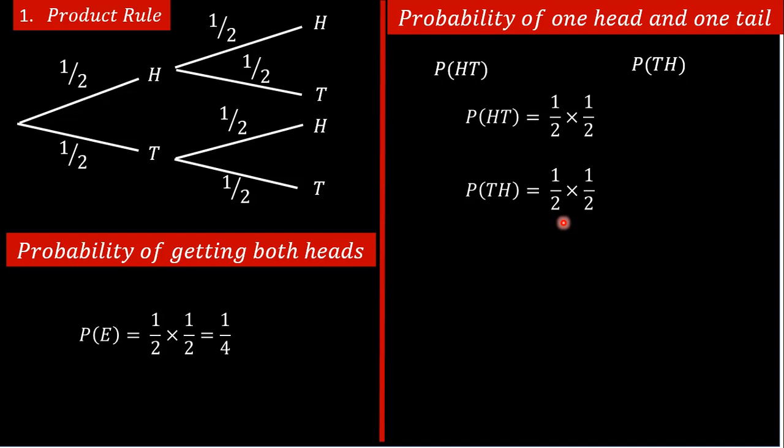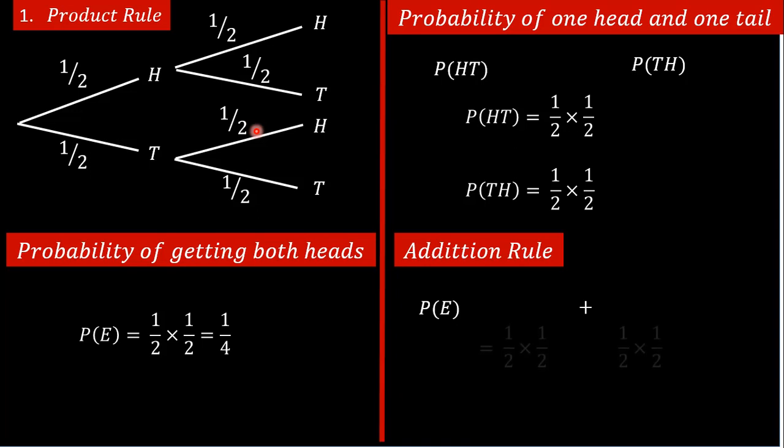However, students, for fulfilling the condition of getting a head and a tail, you have to apply the addition rule. And what is that? If two different branches are satisfying the condition, then you have to add the probabilities of both. That is, for this particular event, you have to add the probabilities of having a head and a tail and tail and a head.